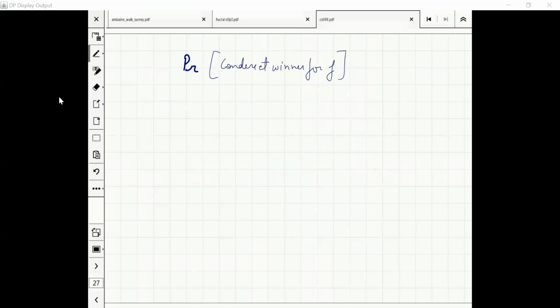How do you express this quantity, Condorcet winner for f? When will we have a Condorcet winner for f? So we can express it as NAE of fx, fy, fz. Very good. So we have these x, y, z chosen in a certain way, which I described on the last page.